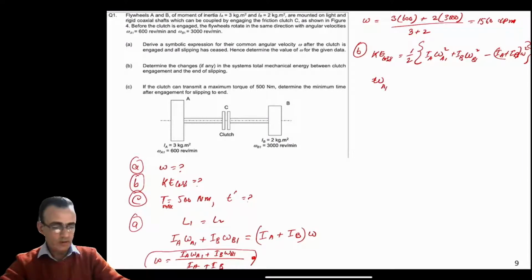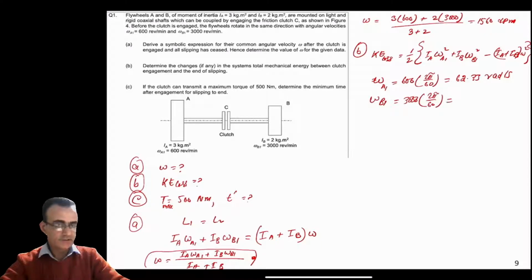radian per second. Omega A1 is 600 into 2 pi divided by 60 to change this to radian per second, which will become 62.83 radian per second. And omega B1 is again 3000 times 2 pi divided by 60, which will become 314.16 radian per second.